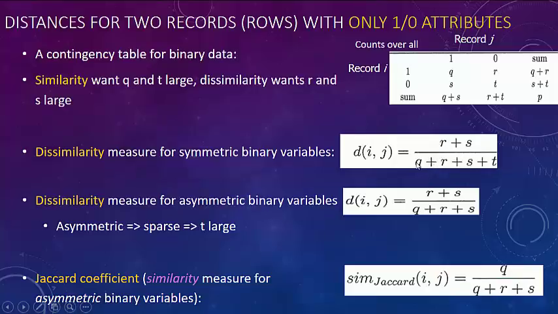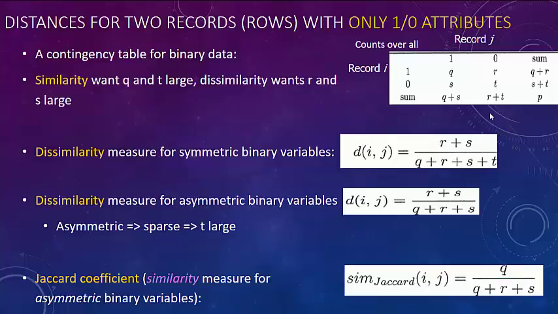all the number of variables. Now, if you do this with words, this T, namely both 0, 0, will overwhelm the other three numbers. Most words do not appear in either of the documents.